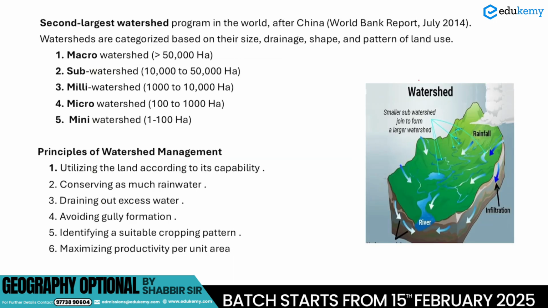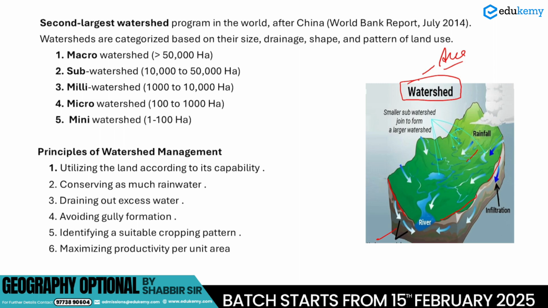First, I would like to define what exactly is a watershed. A watershed is basically an area of land where water in the form of rainfall or snow is getting accumulated and draining into a water body like a river or an ocean. Look at this figure: this entire green area is like a basin where the water is getting accumulated in the form of rain and it is channeling to an outlet in the form of a river.